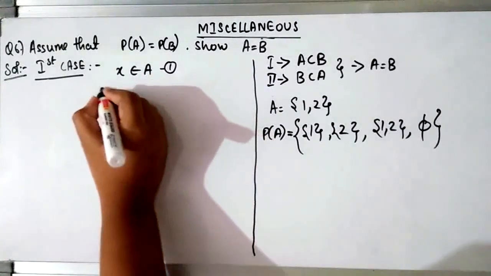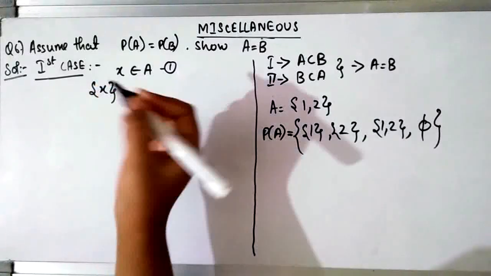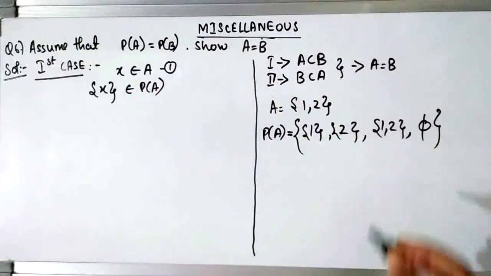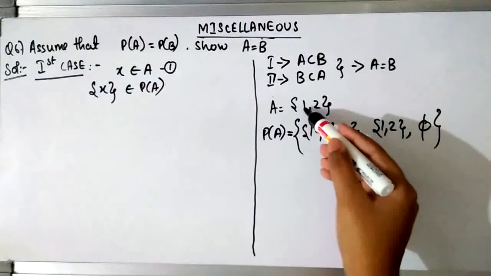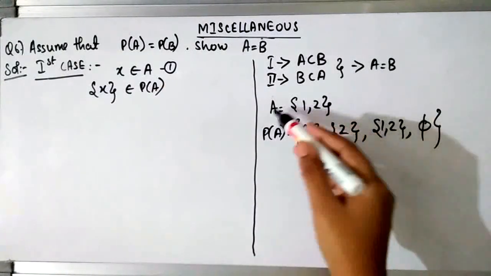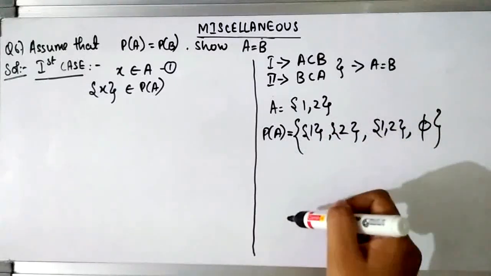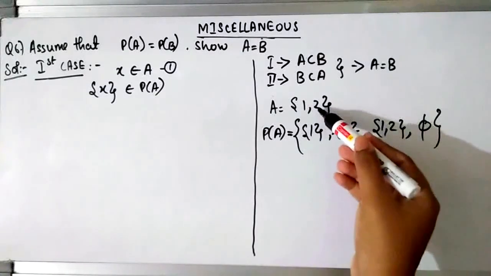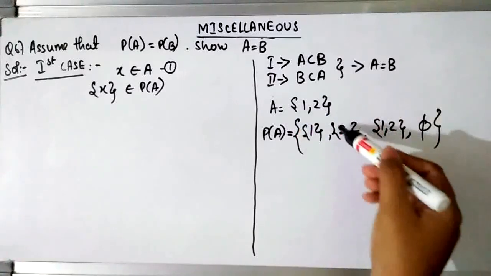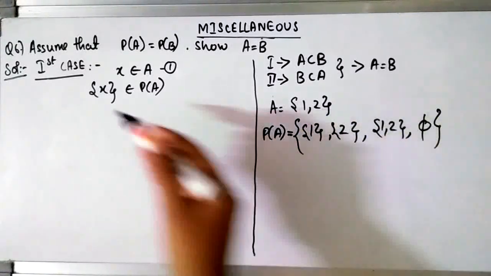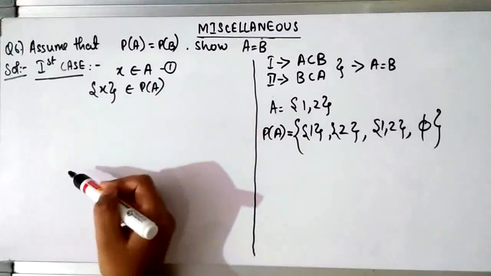Then we can say that the set of x belongs to the power set of A. Okay, because suppose if x is 1, then x belongs to A, and the set of x, that is the set of 1, belongs to power of set A. And if x was 2, then x belongs to A, and the set of 2, that is the set of x, belongs to power of set A. So we can say that the set of x belongs to power of set A.